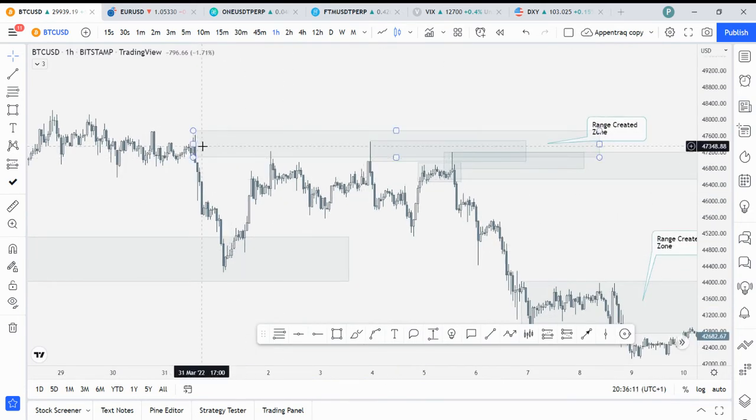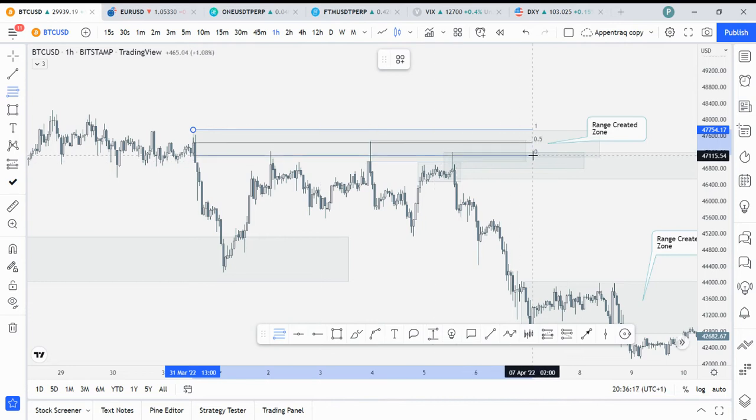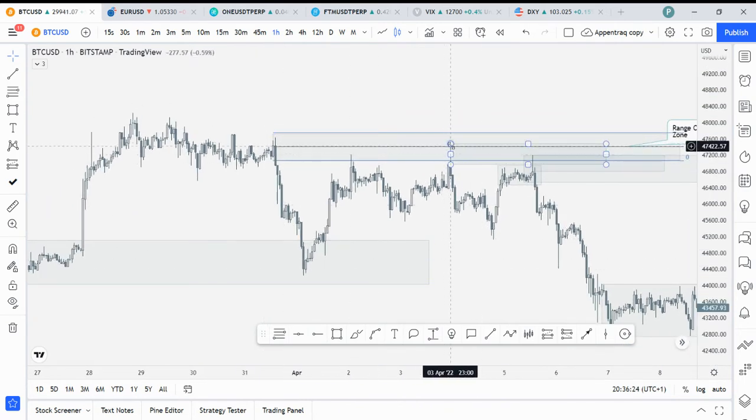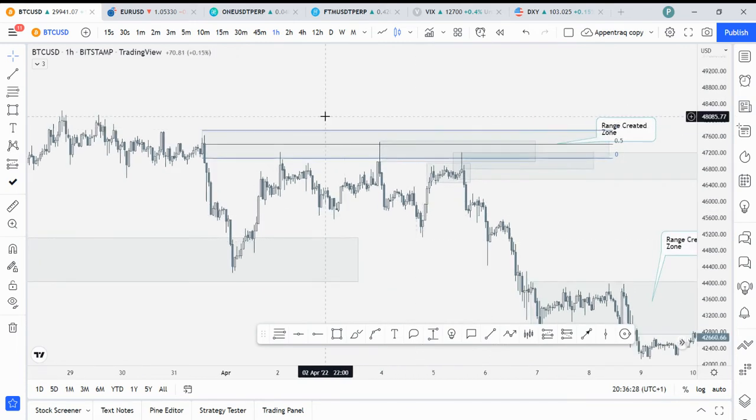So if I want to still refine it further, I can just draw a fib, 1, 0.5, and I use that as my entry. Okay, so when price taps into it, then sells off. So I can decide to place my order here instead of here.